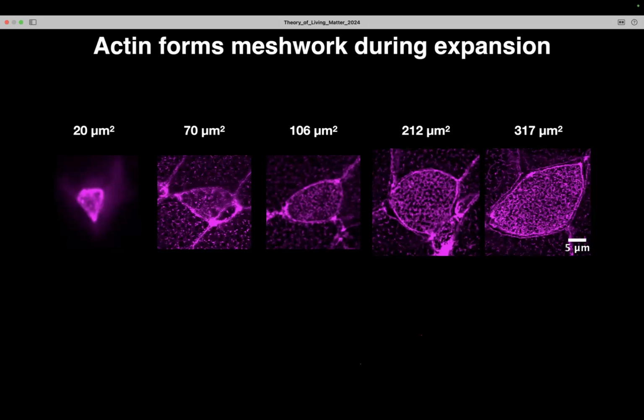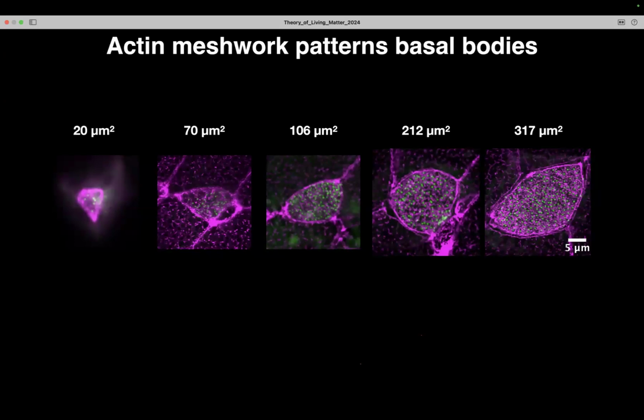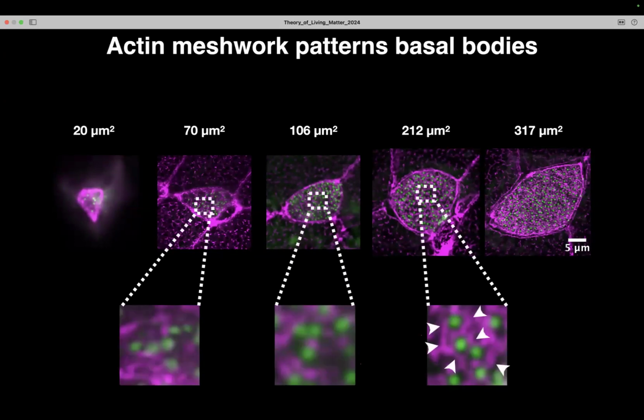So here we can see the image sequence of apical domains visualized with actin at different sizes of the apical domain. Again, actin is in pink and basal bodies are in green. Now if we zoom into these regions, we see that when the apical domain is small, let's say here 70 micrometers squared, these basal bodies are kind of close together.